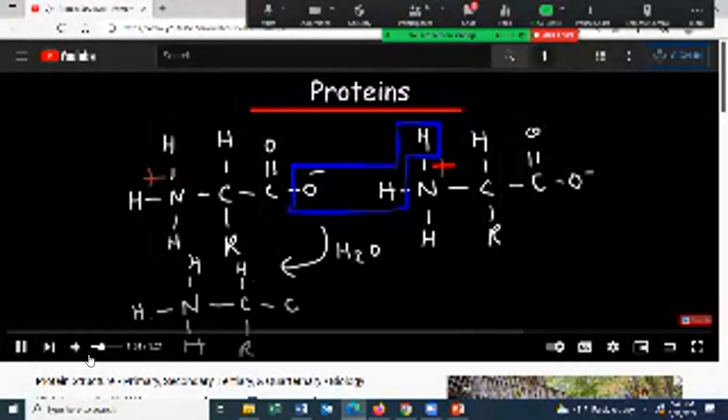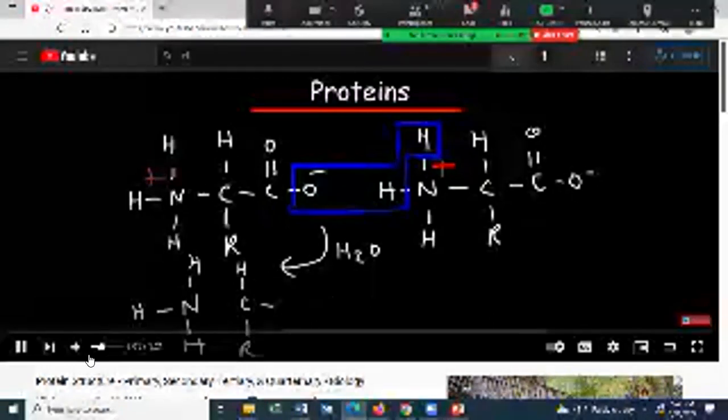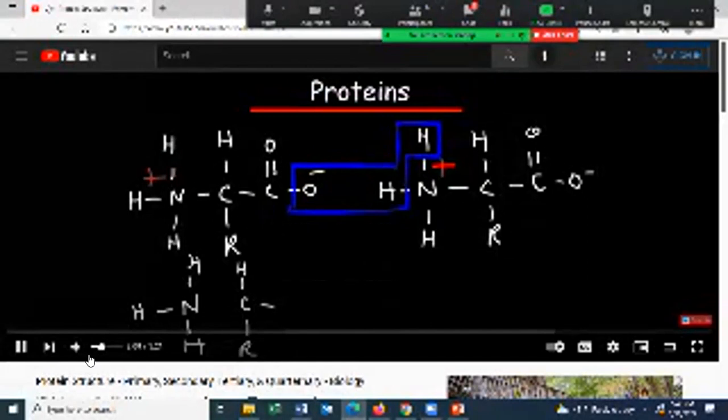So let's see if I can fit it in here. So this oxygen is gone. So now we have a nitrogen. Let me take out H2O. We have one hydrogen left over.